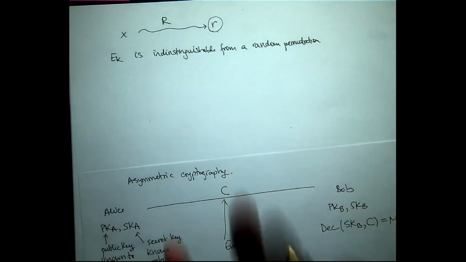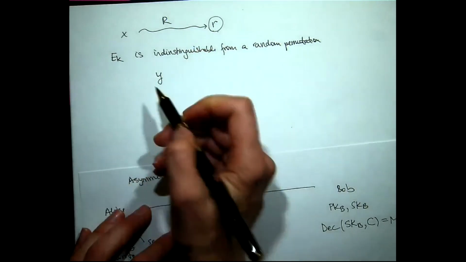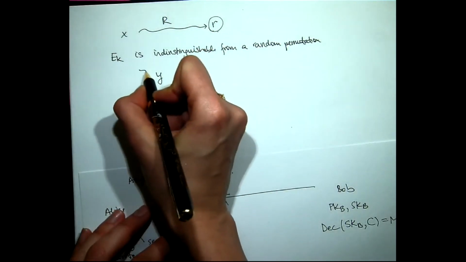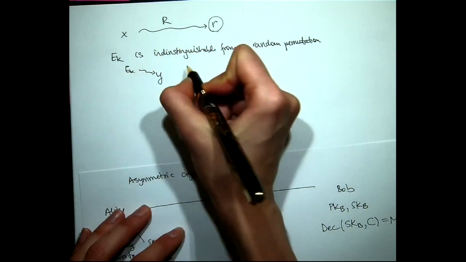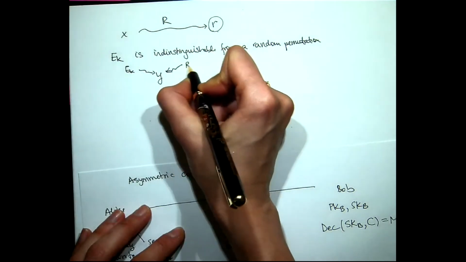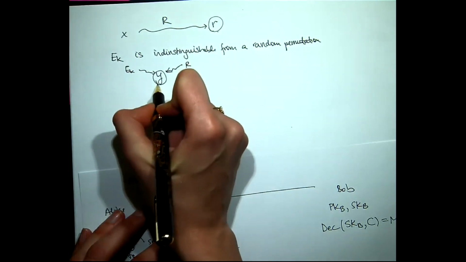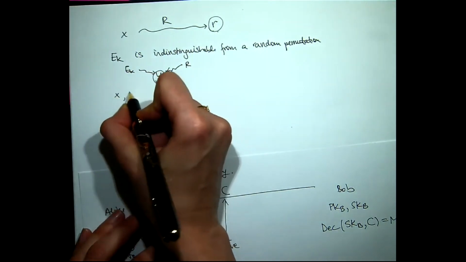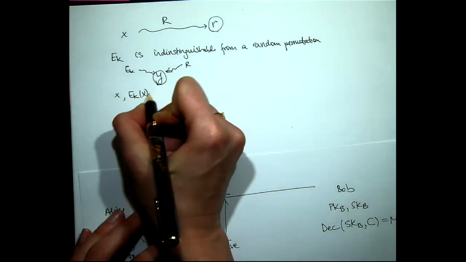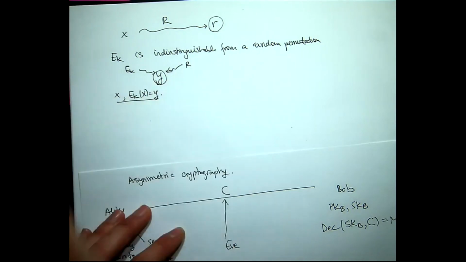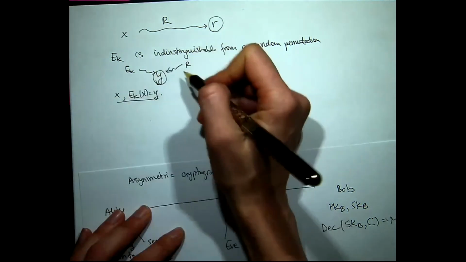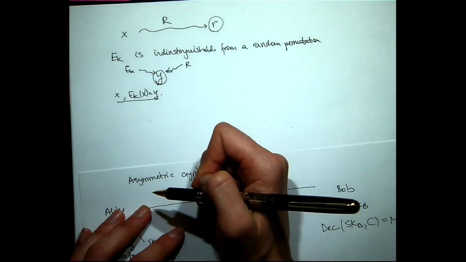Why? Let's say someone gives me a value y, and I'm supposed to decide if it was output by the block cipher or by this random permutation. If I could invert E sub k, I would try to invert this y. If I get an x such that I can compute E sub k of x and get the y back, then I know this is from the block cipher, because I could not invert the random permutation.